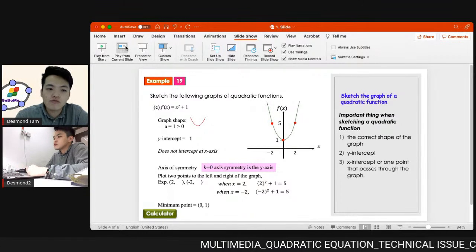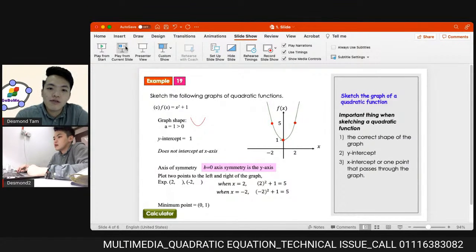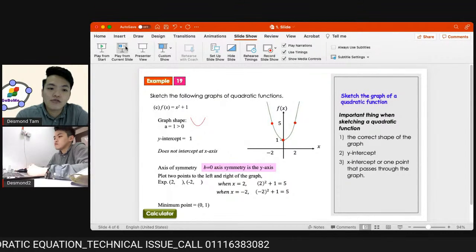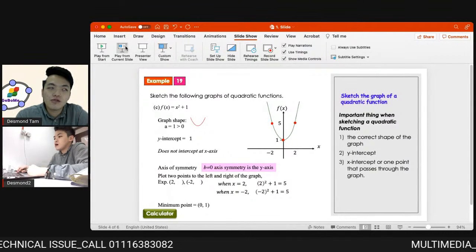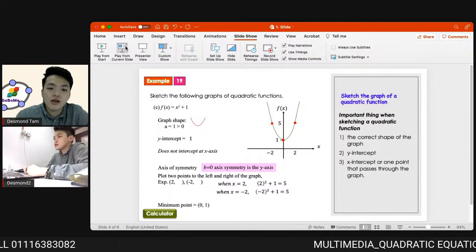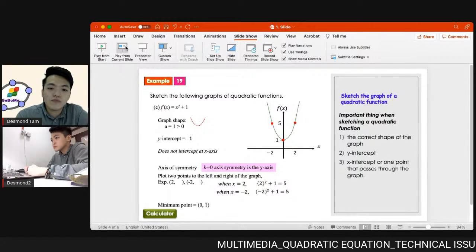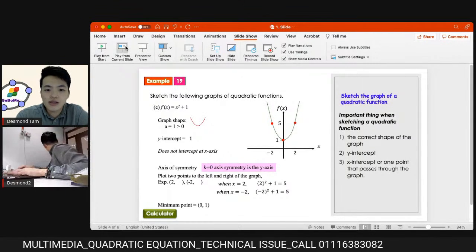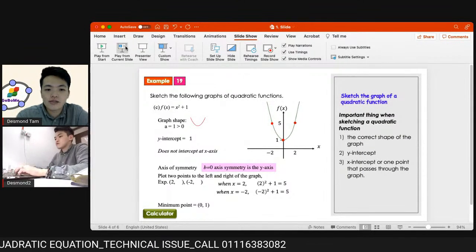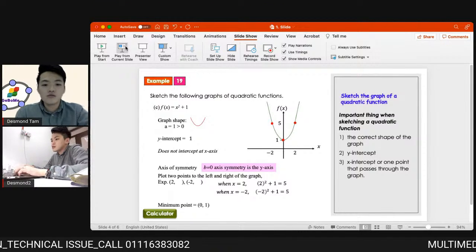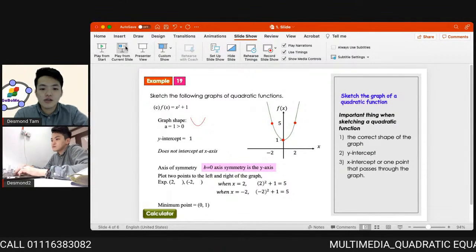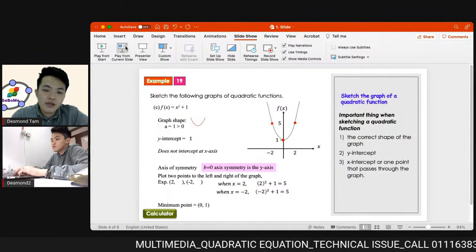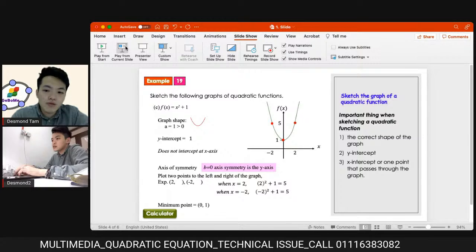How should we put them? 2 to the left and 2 to the right. When x equals 2, we put in x squared: 2 squared plus 1 equals 5. Then the other one is x equals negative 2, which will also be 5. And then the last point we can check is the minimum point, which is (0, 1).